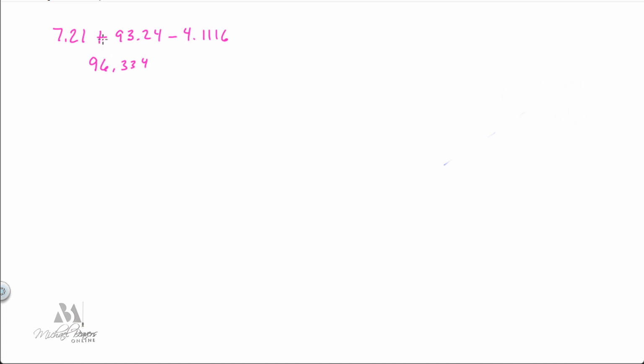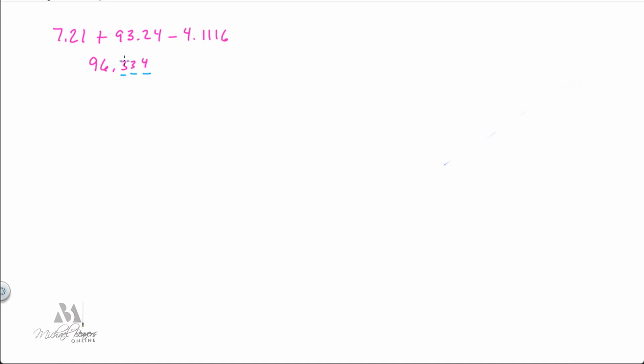Now, as we talked about before, in addition and subtraction problems, we are concerned with decimal places. We want to have just two decimal places, and you can see we have three. There's one there, one there, and one there.